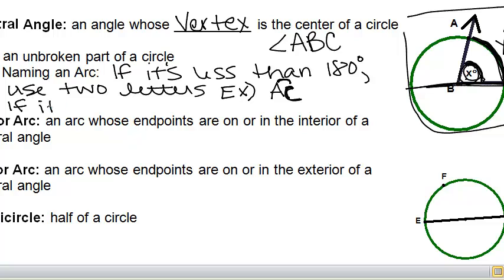If it's 180 degrees or more, then you're going to use three letters.